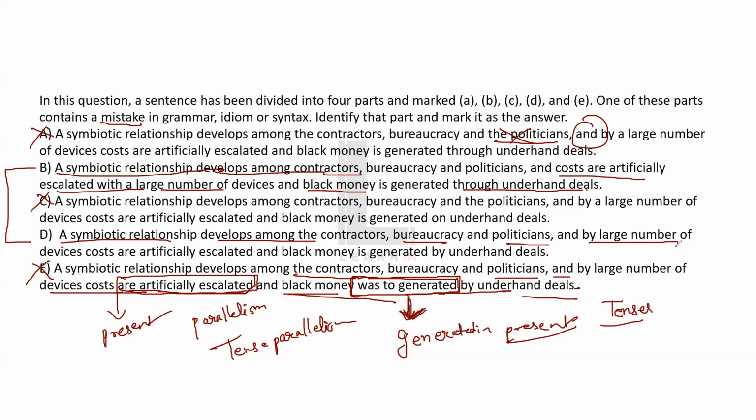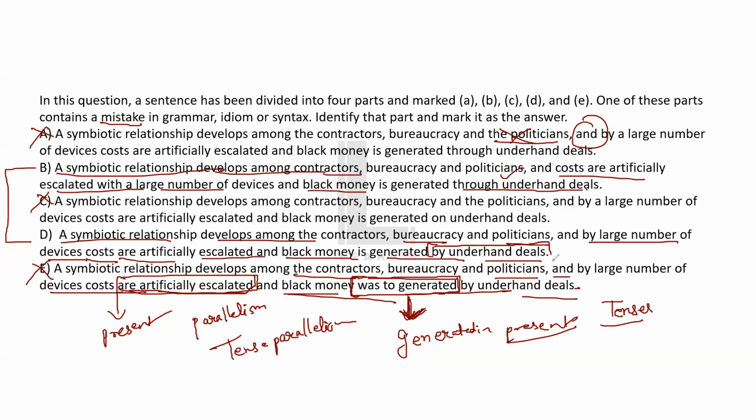Costs are artificially escalated with a large number of devices, and black money is generated through underhand deals, right? Here, by large number of devices, costs are artificially escalated and black money is generated by underhand deals.